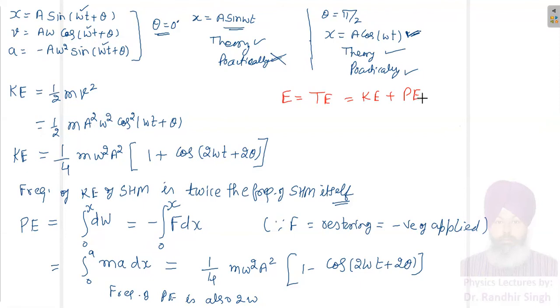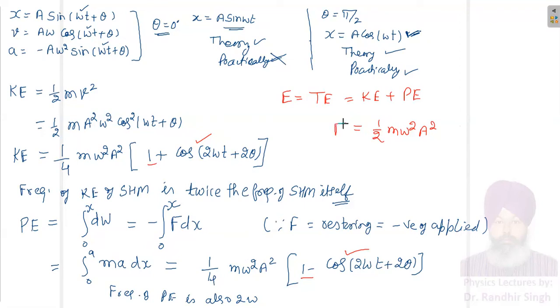When you add, this factor is with a minus sign in potential energy and with a plus sign in kinetic energy, so you will get 1 by 2 m omega square a square, because 1 plus 1 is 2, and we have 1 by 4 outside, so it becomes 1 by 2.